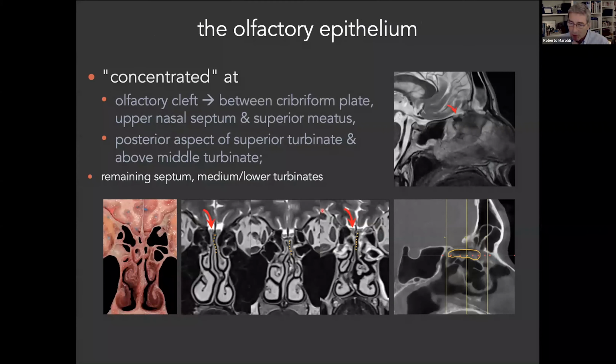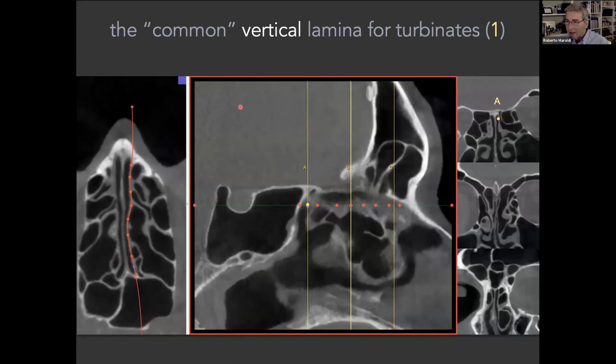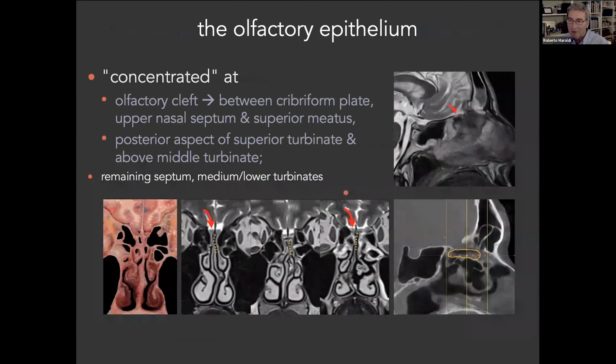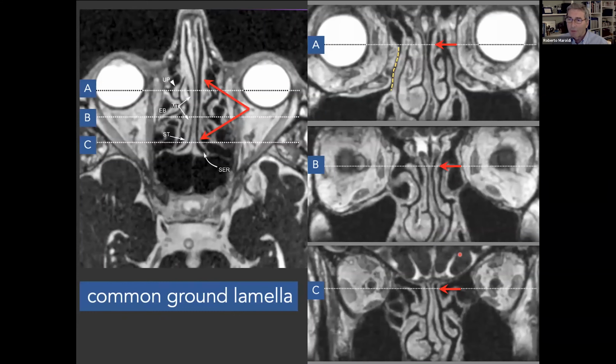And this is a very important area because, as you know, it is the area of the olfactory cleft, and the common lamella does identify the area, and above this there is actually the olfactory epithelium in the olfactory cleft, as you can see demonstrated in this figure. You can see the same anatomy also on the MRI. Therefore, the common lamella hanging area for the middle turbinate and the superior turbinate is there.